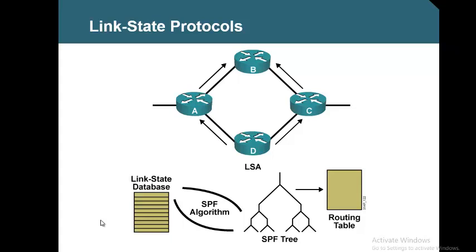If you take EIGRP and RIP, they build the routing table based on the route updates given by the other routers. Meaning, what does route update mean? The other routers will give the best routes from their routing table. That is how they build the routes.